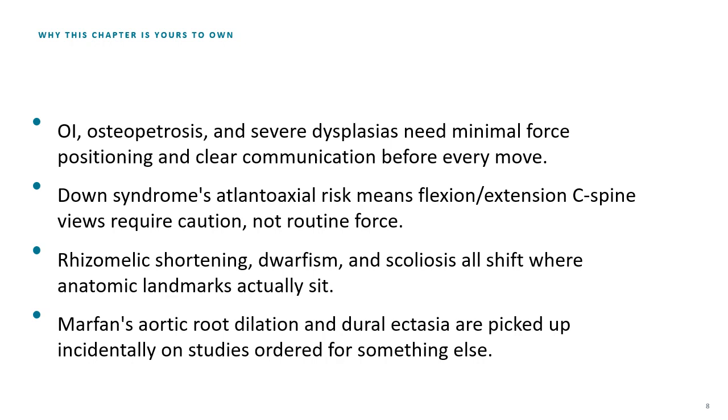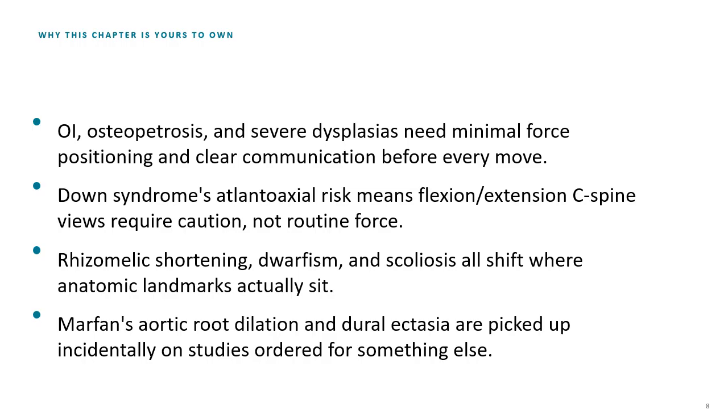So when there is a history of atlantoaxial instability, so that neck instability, we're not going to treat the flexion and extension views as routine views. When we position that patient, it should be deliberate, it should be controlled, and it also needs to be based on the patient's tolerance. We're not going to force them into a position.